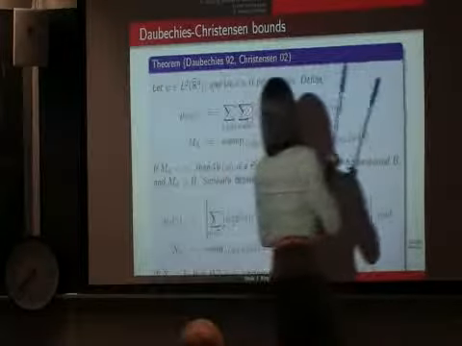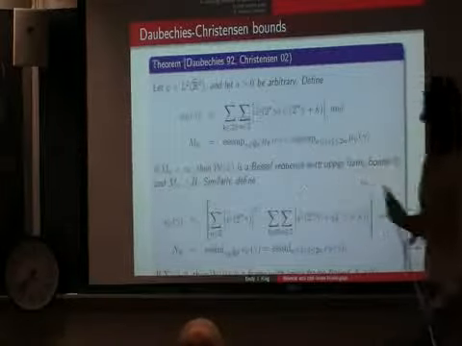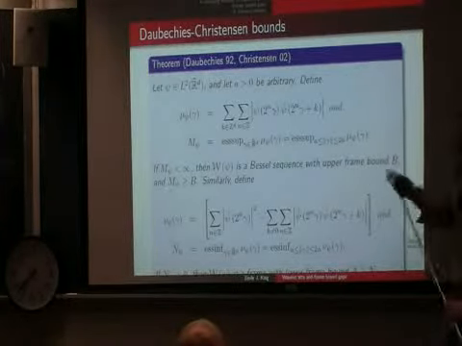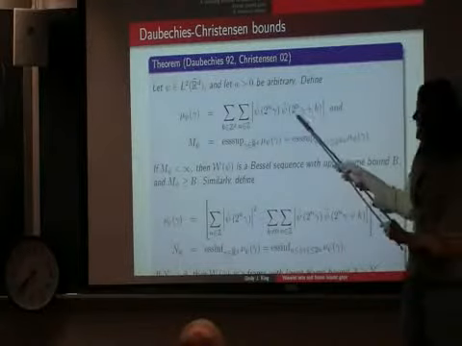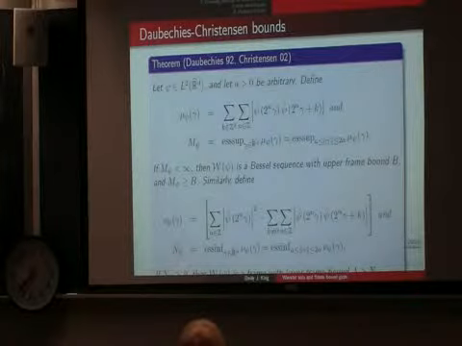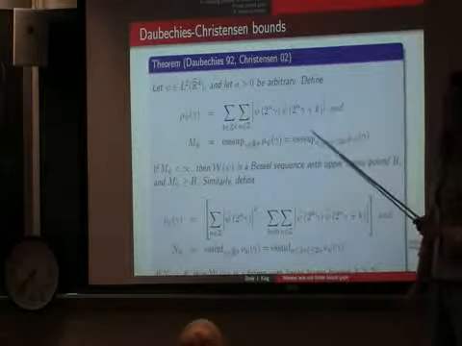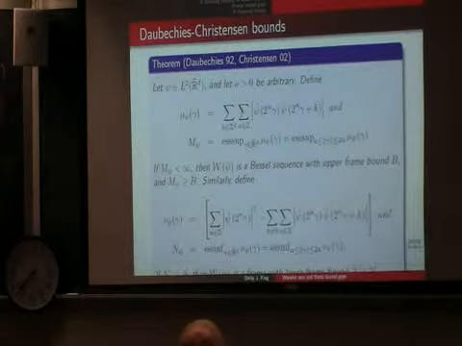So this original function right here is giving us a bound on the upper frame bound. So what happens if we are shrinking a function on its frequency domain? Then these cross terms right here, where this k is non-zero, are going to disappear.